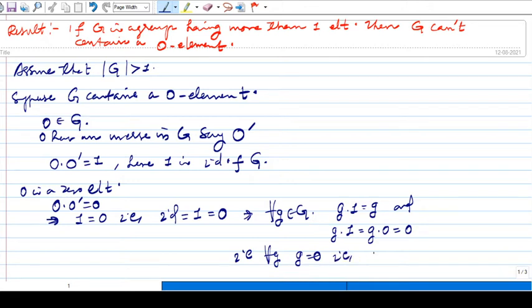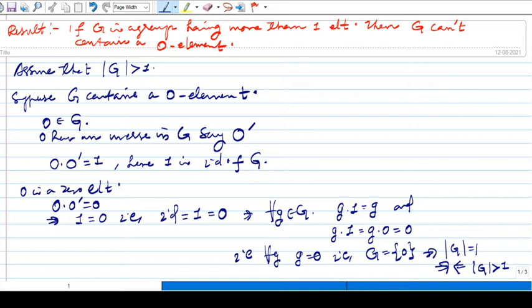That means G contains only the 0 element, that is, the cardinality of G equals 1, which is a contradiction to the fact that the cardinality of G is greater than 1. So this is why we can say that if G is a group having more than one element, then G cannot contain a 0 element. So adjoining 0 to a group will spoil its structure of being a group.